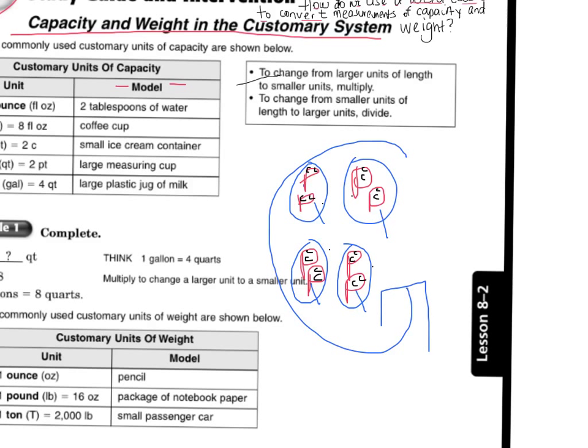And in each quart is 2 pints, and in each pint is 2 cups. So if I said how many cups are in a quart, all you have to do is count the C's that are in 1 Q. So in 1 quart there are 1, 2, 3, 4 cups. So that is King G.